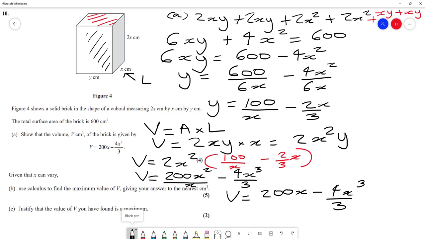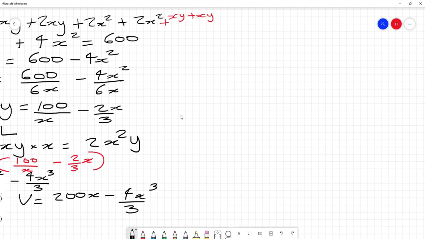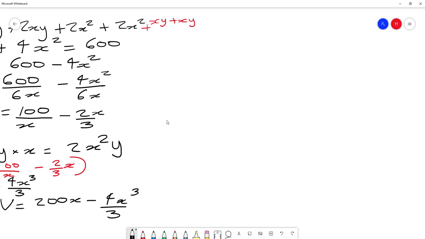Now part B says, use calculus to find the maximum value of V. Now in a question like this, we would have to differentiate it, find the first derivative, and make it equal to 0. So we can say that dV by dx, we differentiate it term by term. So that's going to be 200x differentiated is simply 200.